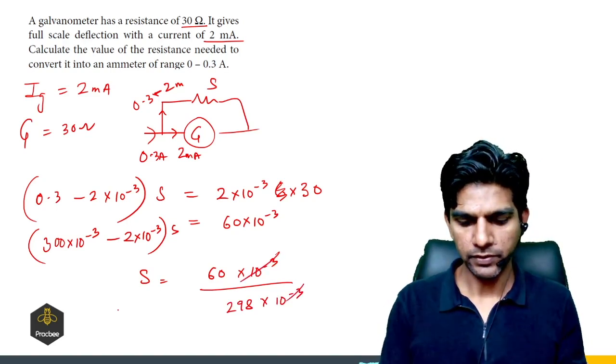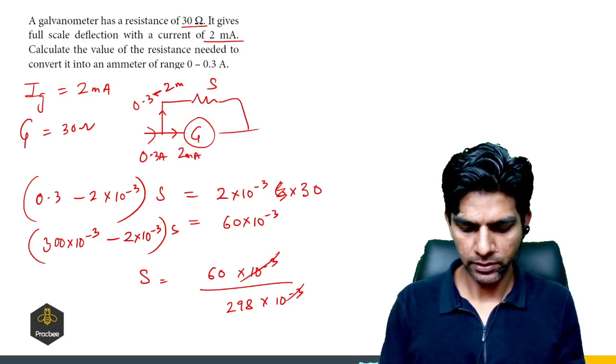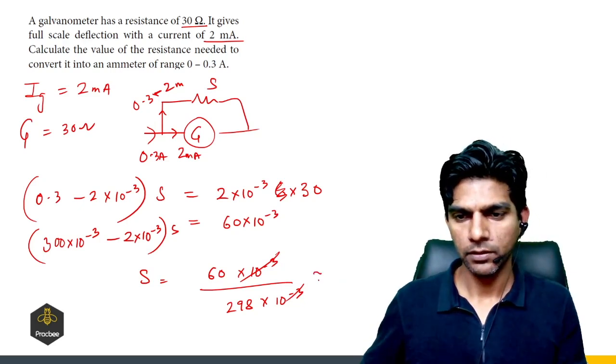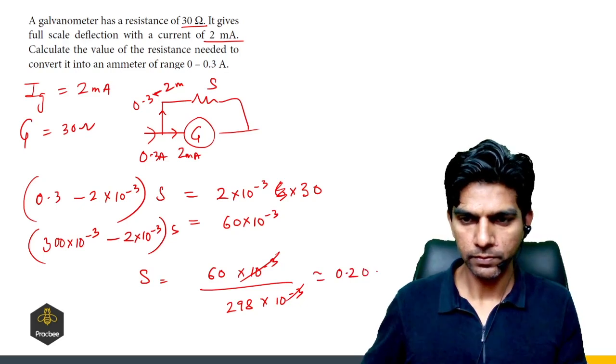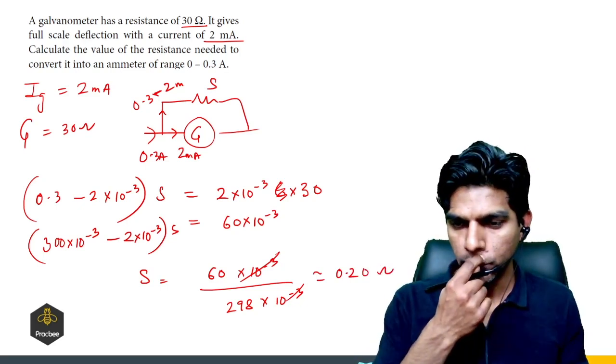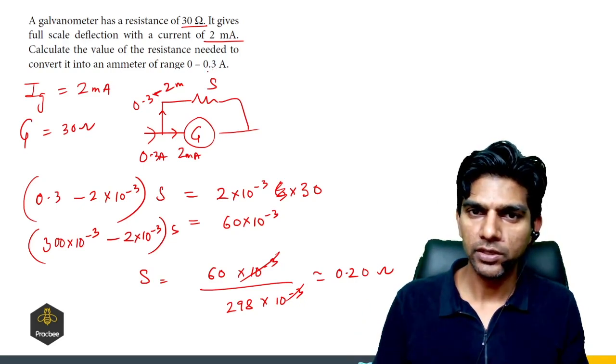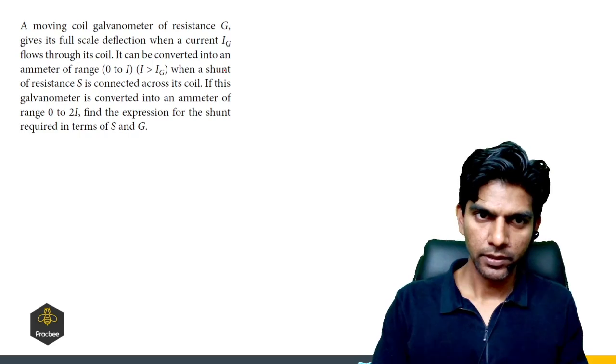If we simplify this, it will be 60 divided by 298. So it comes out to be 0.20 ohms. So the shunt has this resistance, 0.20 ohms. If we have that shunt, we can measure current up to 0.3 ampere in the circuit.